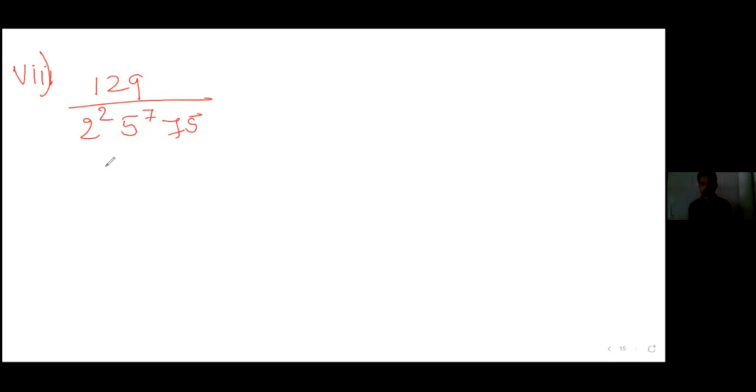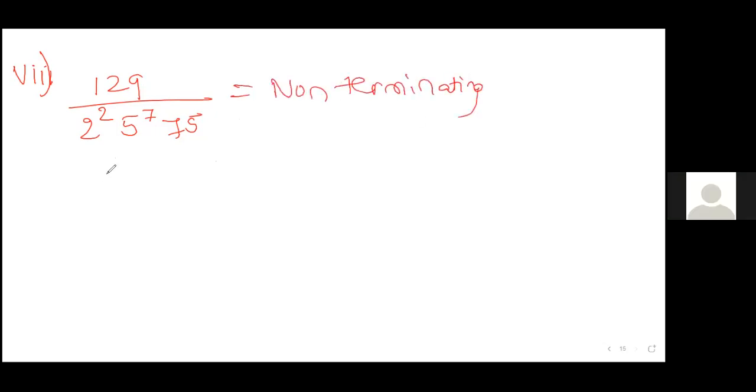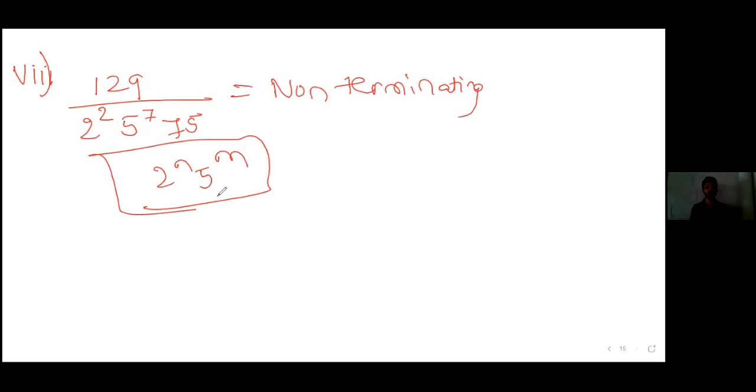Yes, it is non-terminating because it is not of the form 2 to the power n into 5 to the power m. The denominator factorization should contain only 2 and 5 factors. If not, it is non-terminating.